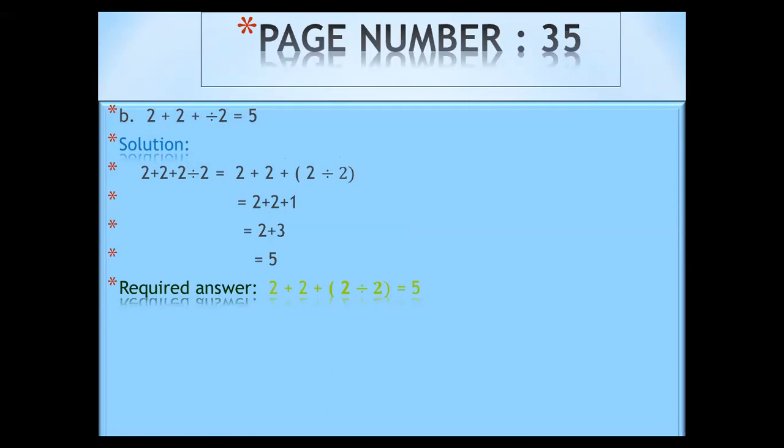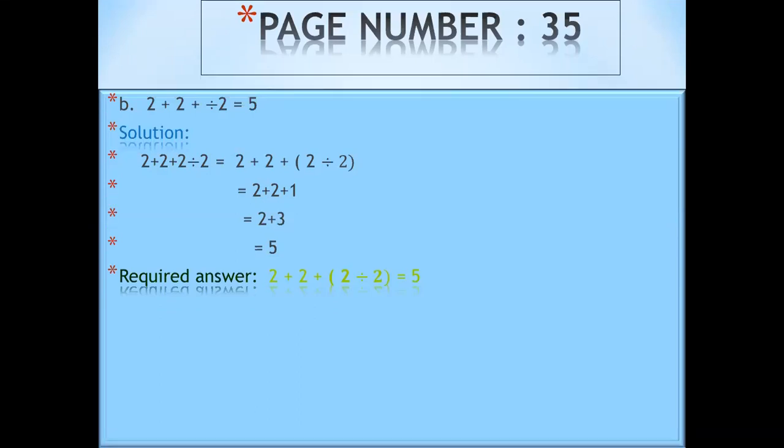Now we check whether these operations are correct according to the brackets, or whether we put the brackets in the correct place. 2 divided by 2 is 1. 2 plus 2 plus 1 is 5. And also in the question, the statement is equal to 5. It means that we put the brackets in the correct place.